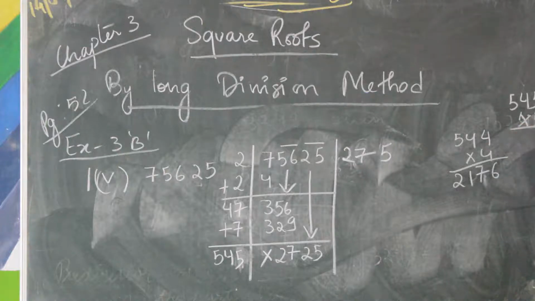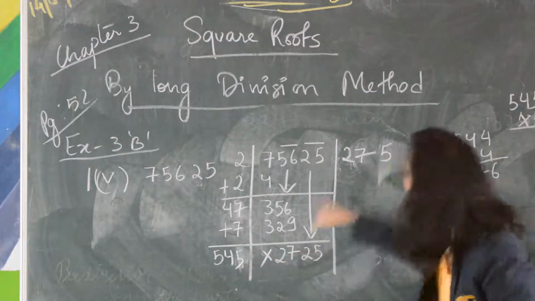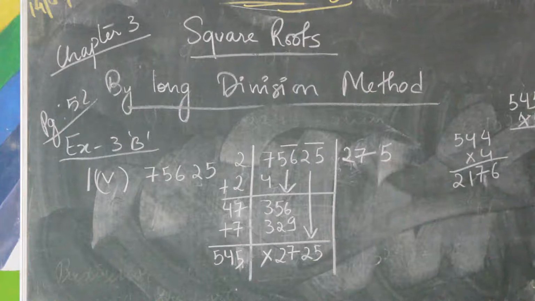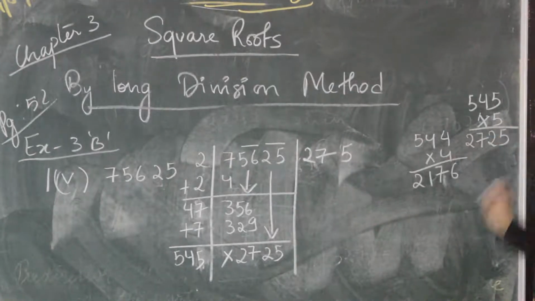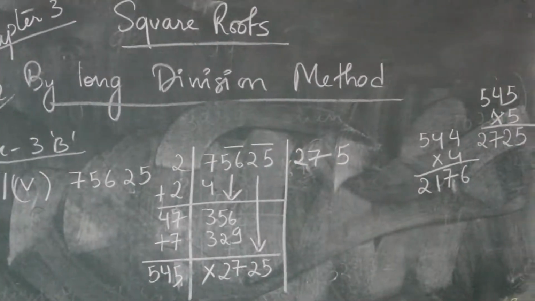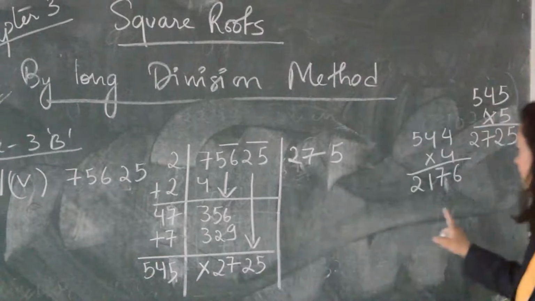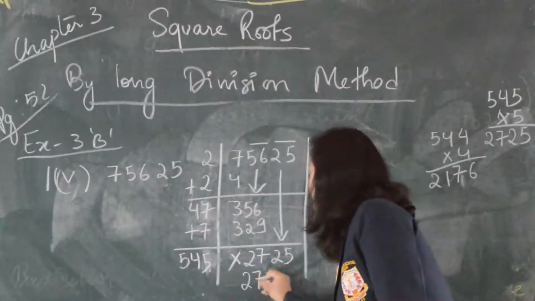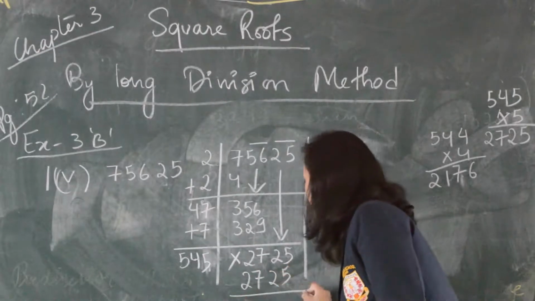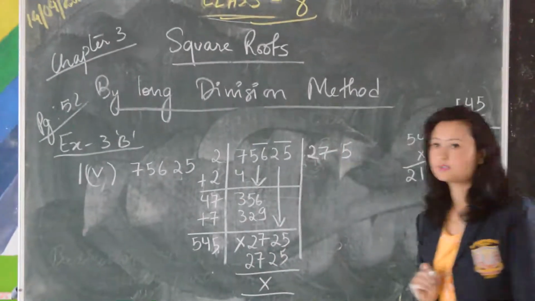And you know that we have to multiply this whole number with this 5. So 5 fives are 25, 5 fours are 20, so which means we need to take 5 instead of 4. And when we take 5, we get 2725, and the remainder will be 0.